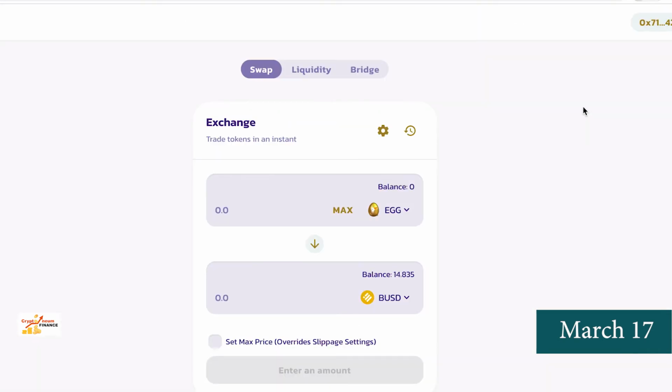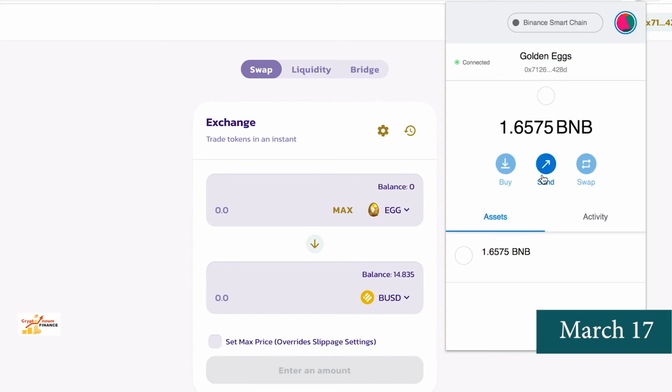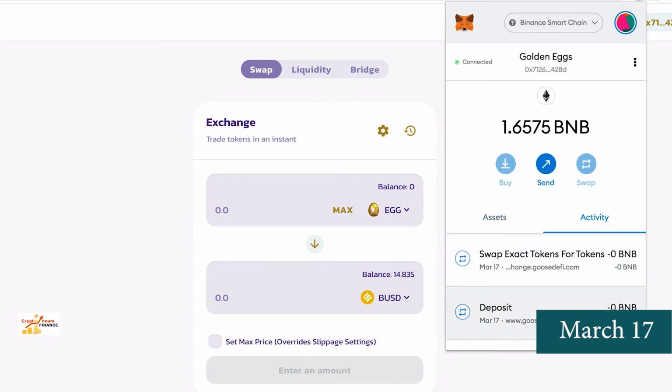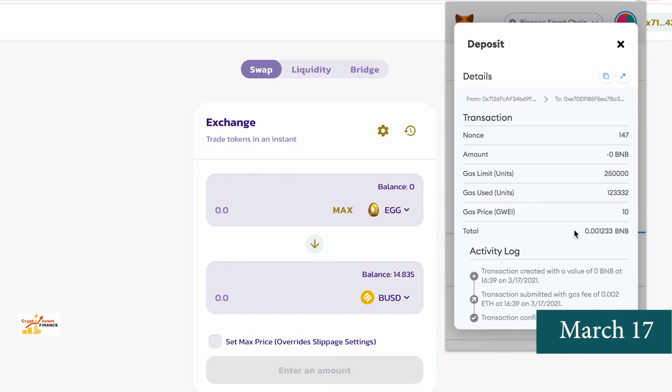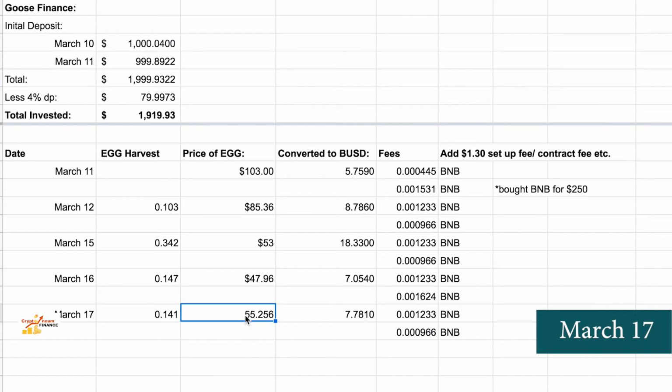So I'm going to check my transactions also, how much they cost. We'll go over to activity, check exactly how much in terms of BNB it charged me, or the gas fees that I had to pay, and then copy and paste those into my sheet file as well.